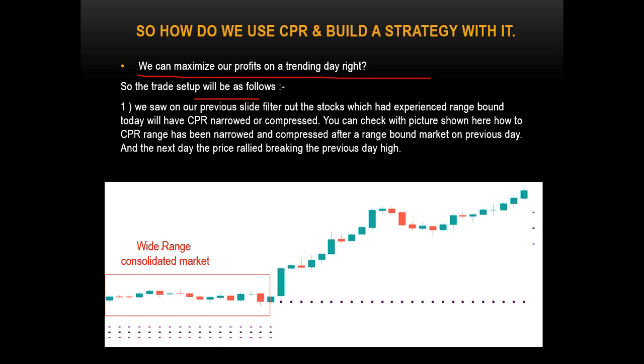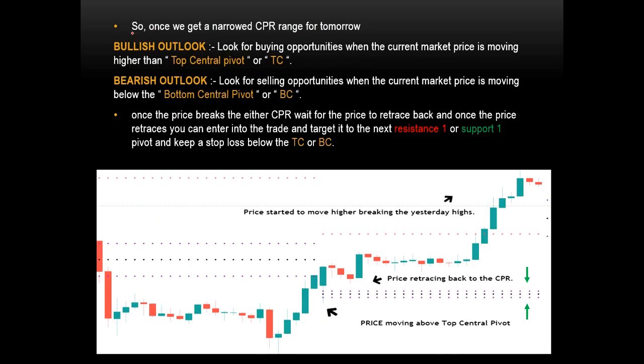As we already know, if today is a wide range CPR and a consolidated range bound market, tomorrow's CPR will be narrow and a trending day. So once we find stocks with narrow range CPR for tomorrow, we will identify the outlook and the direction of the trend in the market.